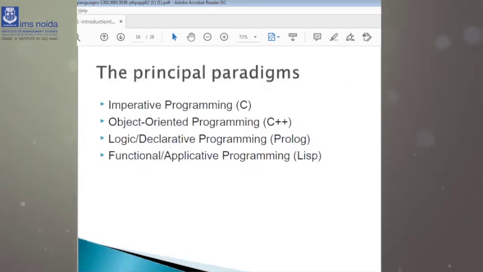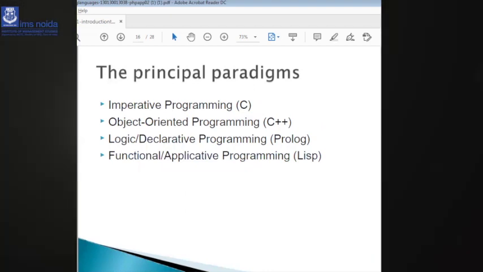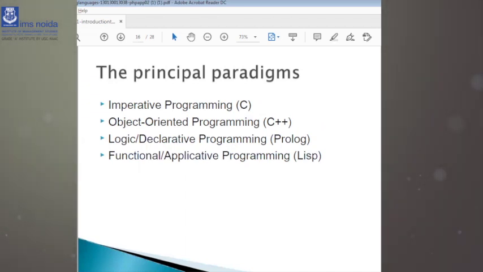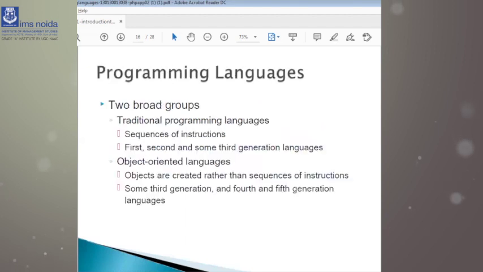Principal paradigms: there are lots of languages, like C, C++, Prolog, Lisp. Everyone knows C is a mother language. Firstly, we discuss programming languages. Two broad groups exist. First is traditional programming language, and second is object-oriented languages.